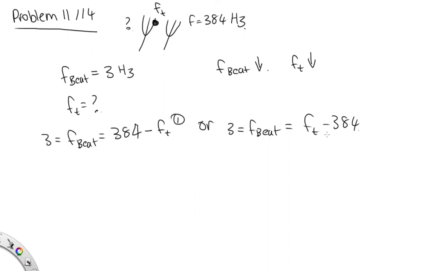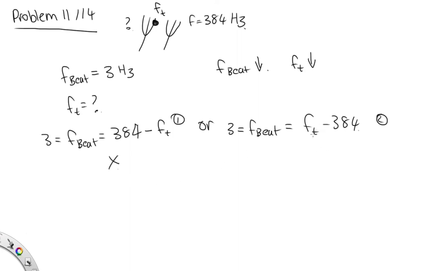Let's call this case 1 and this case 2. Now in case 1, where the frequency of the tuning fork is less than the 384 Hertz, if we decrease the frequency of the tuning fork, this number is actually going to increase. So that can't be the case. So let's consider case 2.